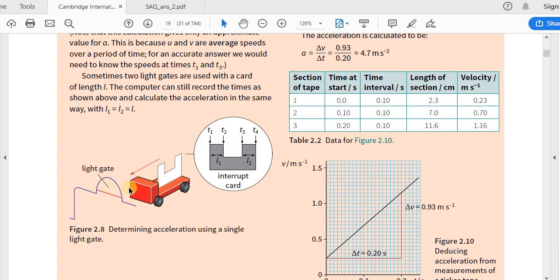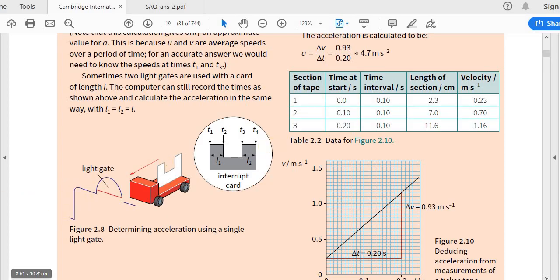It's only this part and this part of the card that blocks the light. No part of the trolley blocks the light, only the part of the card above the trolley. So in the beginning, when this passes through, it blocks the light, and over here it unblocks the light. Again it blocks the light, and then over here again it unblocks the light.